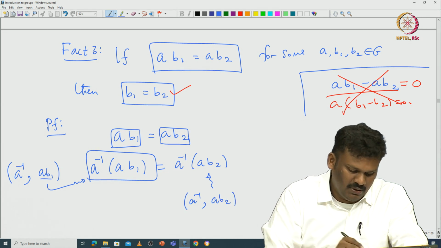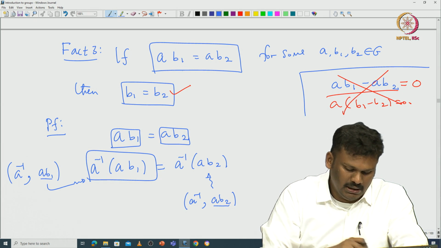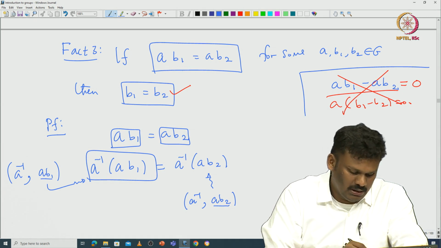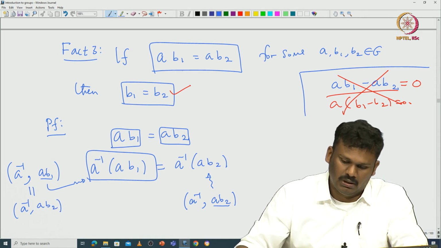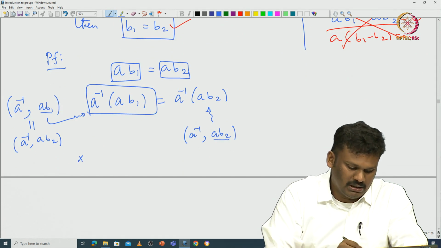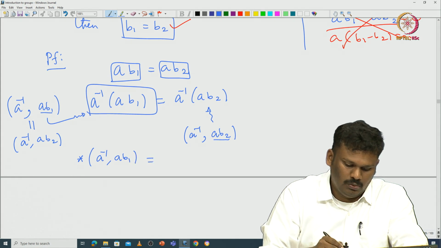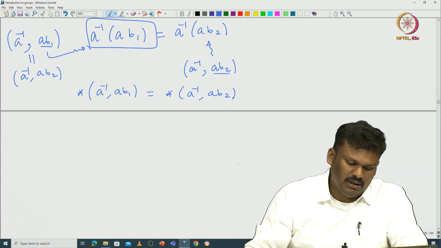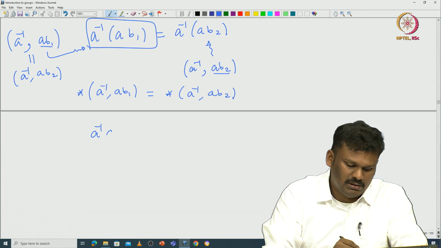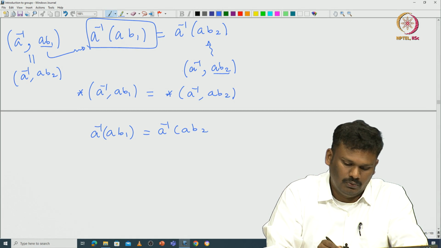Since AB1 is the same as AB2, these two tuples are the same, so the images of these two must be the same. That is star of A inverse comma AB1, which should be the same as star of A inverse comma AB2. So that is what we call A inverse AB1 and here A inverse AB2.